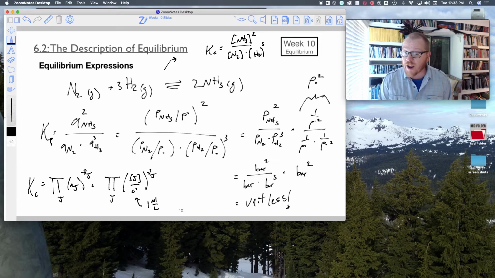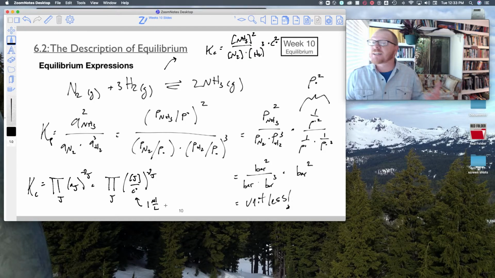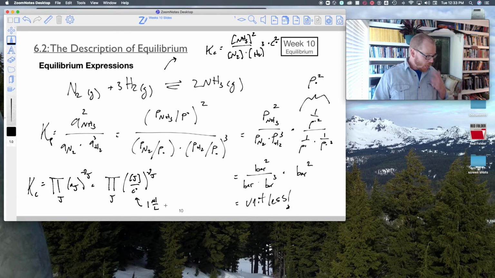But what we also recognize, in the same way, is that there's going to be times this other factor, the C standard concentration, all squared. That's not going to change the numbers at all because that's just 1 mole per liter, but it does establish the unitless equilibrium constant in terms of concentrations, okay?